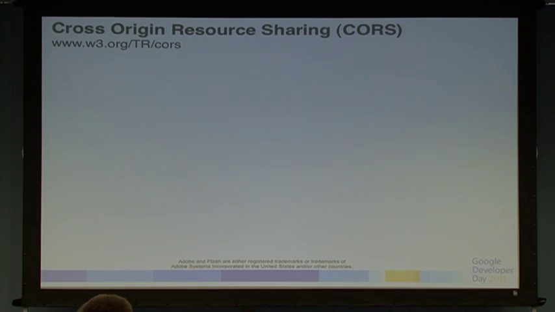Another thing you run into with HTML5 games is this problem called cross-origin resource sharing. And this is basically a new security issue because of the new capabilities of the web. For those of you that have been doing web development for a long time, you know that you can have site a.com with an image tag, and the source attribute of that image tag can point to b.com.